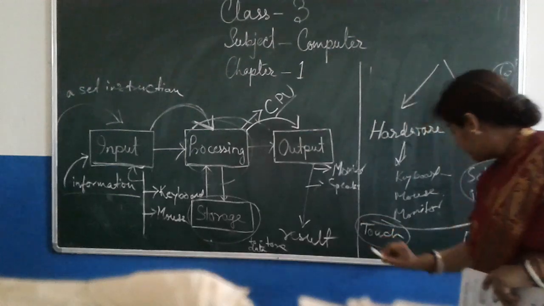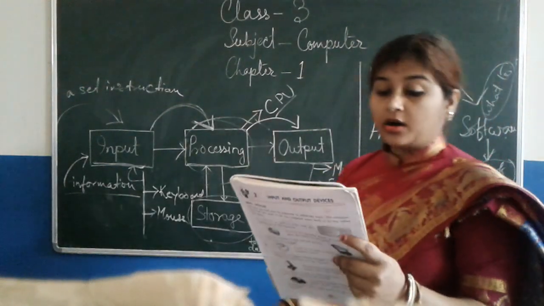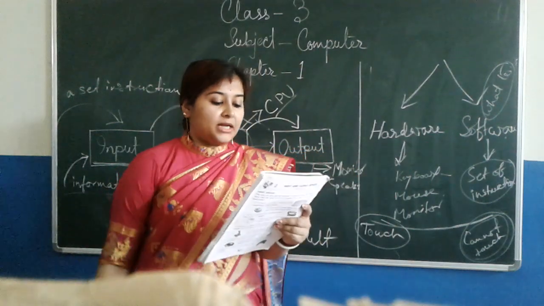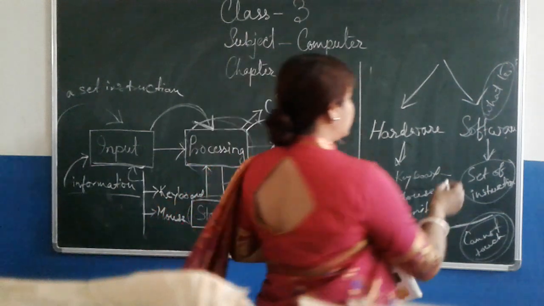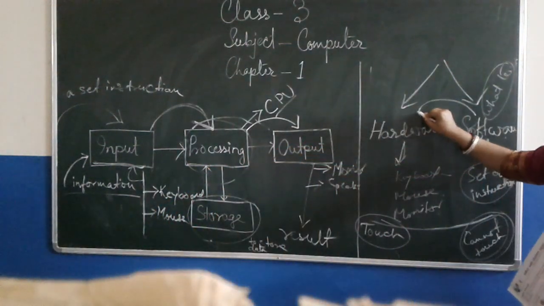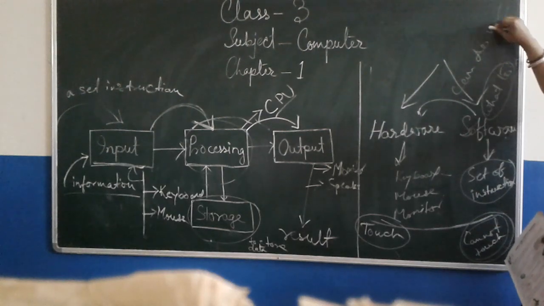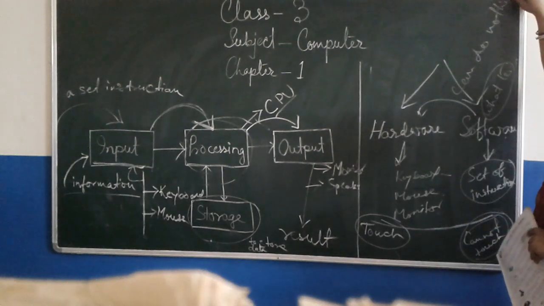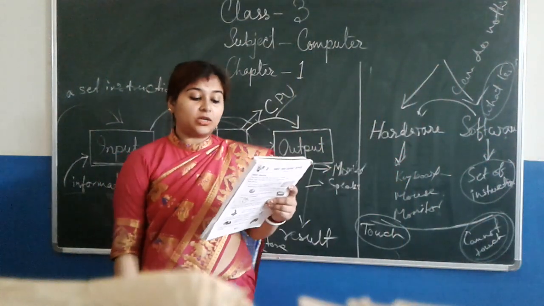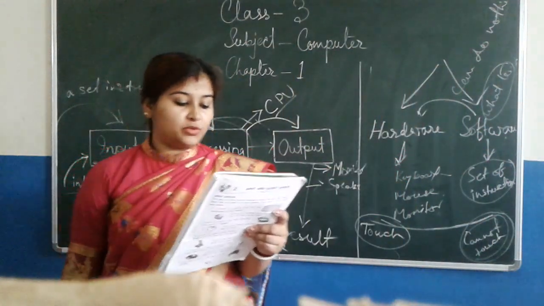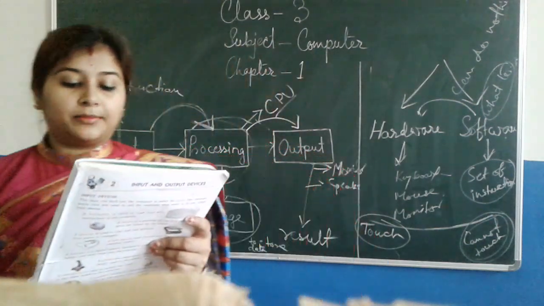Hardware we can touch, but software we cannot touch or feel. But without its help, hardware can do nothing. To get a particular job or result, the relevant software program should be loaded in the computer.